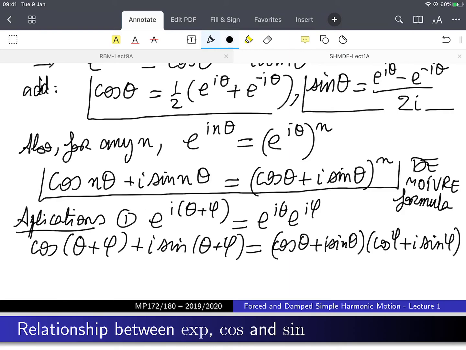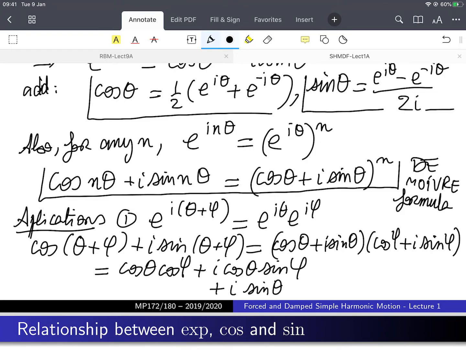And then I can expand cos theta cos phi plus I cos theta sine phi. I'm just expanding plus I sine theta cos phi plus I times I. That's going to be minus 1.